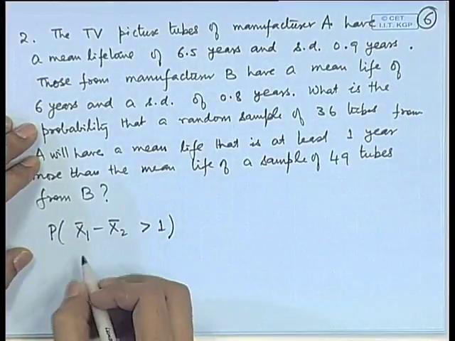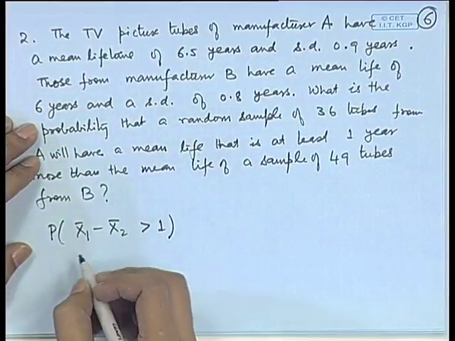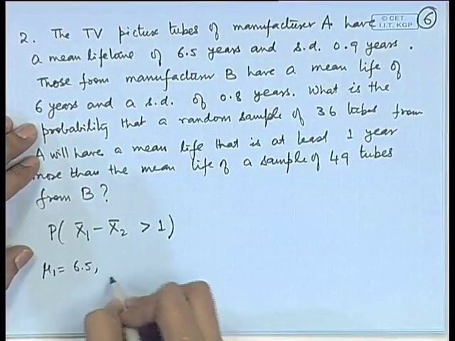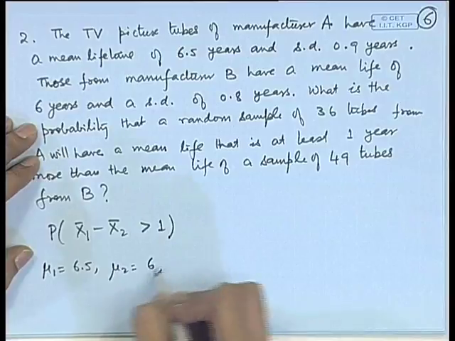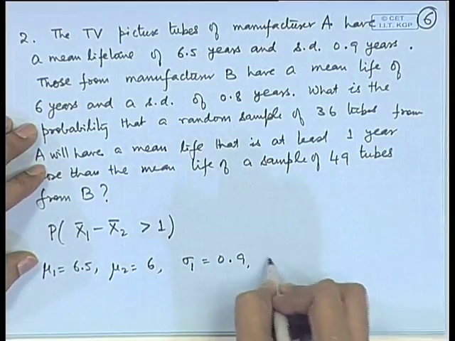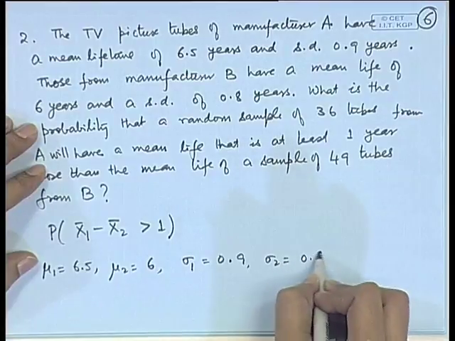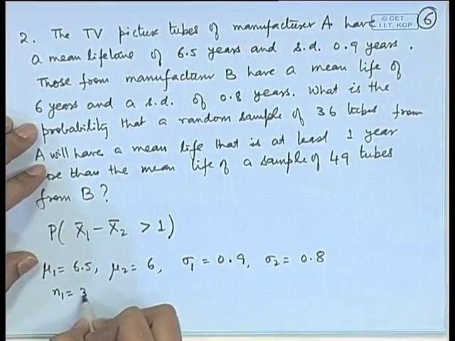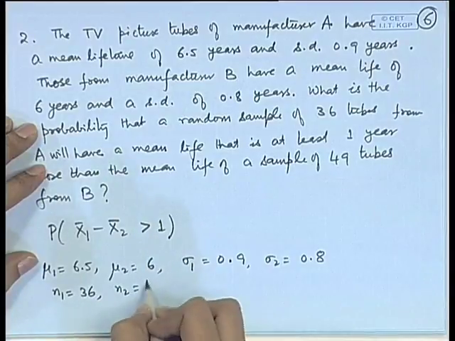Now, we look at the parameters here: mu 1 is 6.5, mu 2 is 6, sigma 1 is 0.9, sigma 2 is 0.8, n 1 is equal to 36 and n 2 is equal to 49.